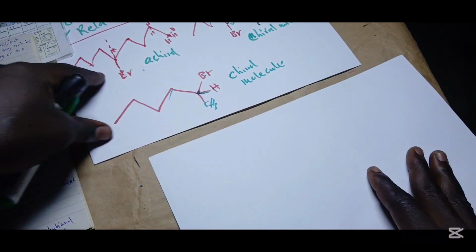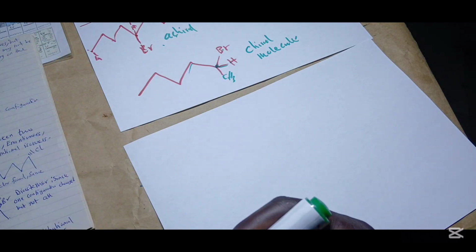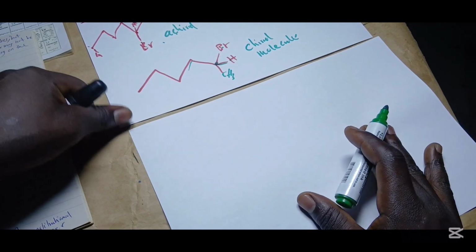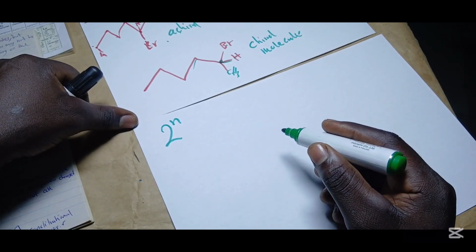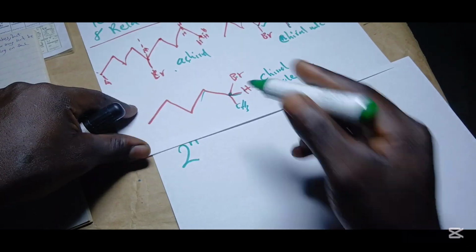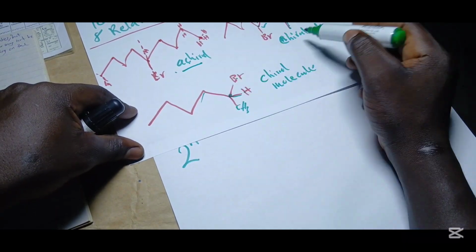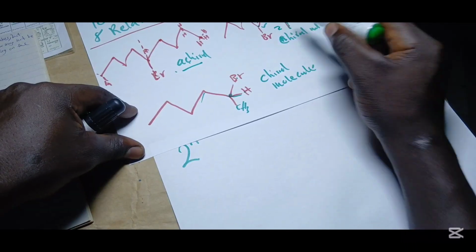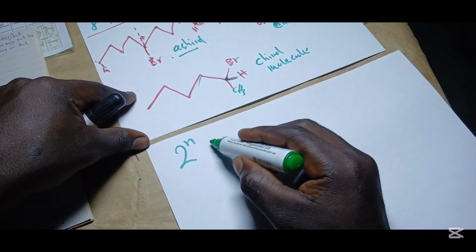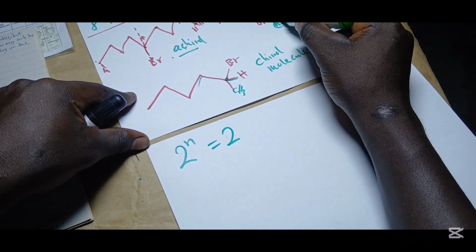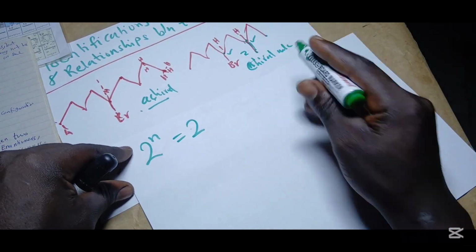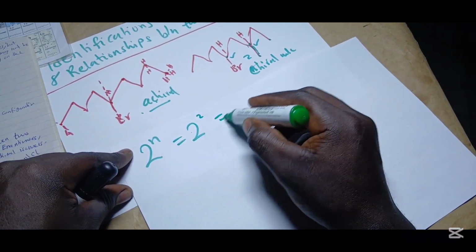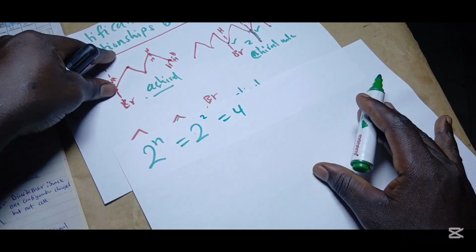Well, you can determine the number of potential stereoisomers with a given number of chiral centers. It is 2 to the power n, where n is the number of chiral centers in the molecule. This molecule has no chiral center. This molecule has 2 chiral centers. So the total stereoisomers that we can get in this molecule is 2 to the power 2, which equals 4 stereoisomers.